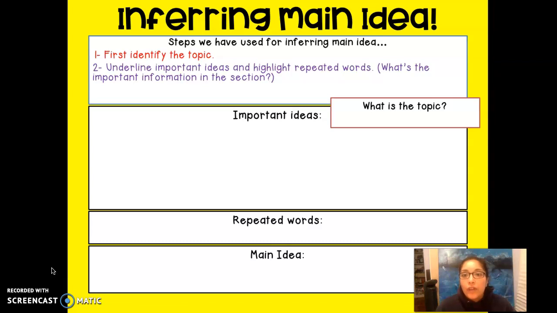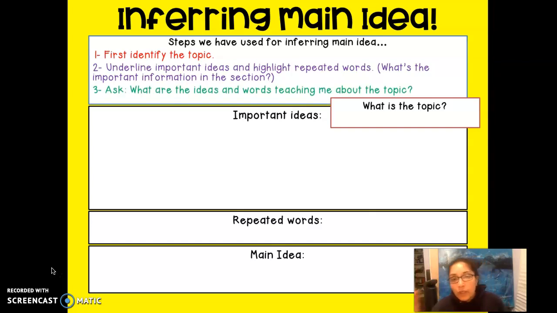These are the things that are the most important in that section. Third, once we have our important ideas and repeated words, we ask ourselves, what does the author want me to learn from these ideas and words? What are the ideas and words teaching me about this topic?